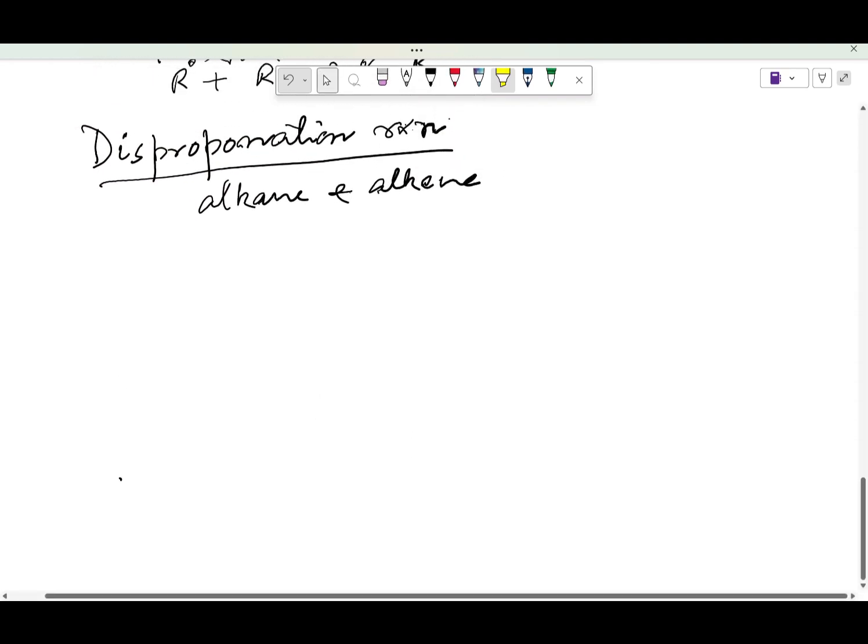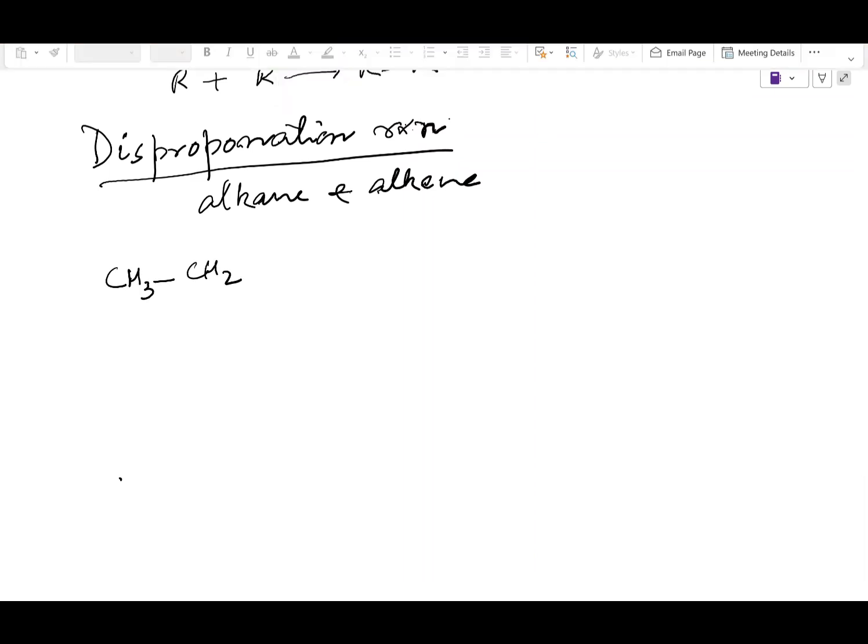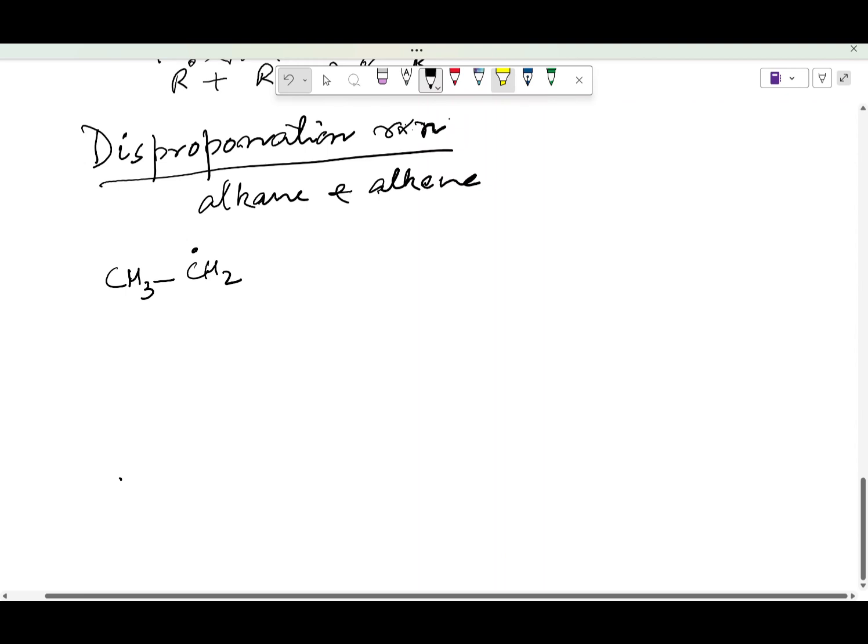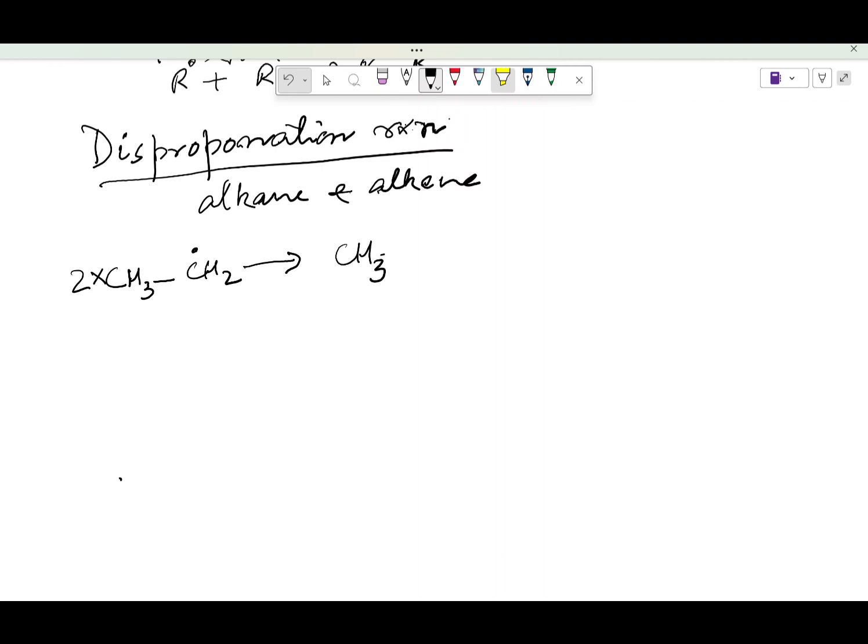For example, we are having ethyl free radical, CH3CH2. And you're having 2 moles of this one. This will give you ethane plus ethene.